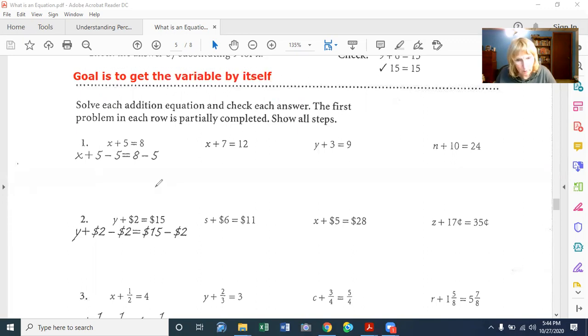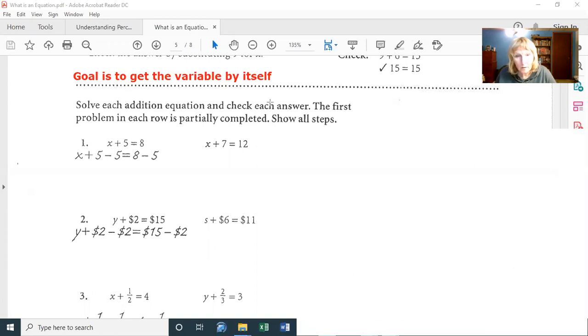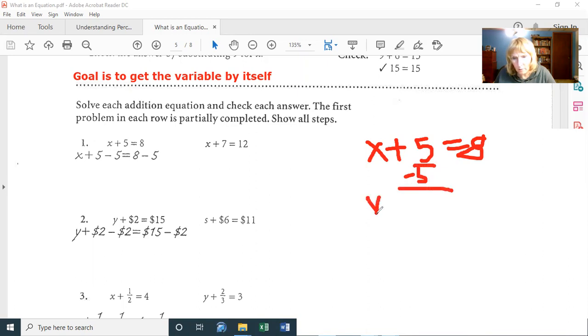So how I would do this one, in fact, let's put a little spot here of empty space for us to write with. So what I would do is I would do x plus 5 equals 8. Now I have to get x by itself. So to do that, I'm going to subtract 5. And if I do that, I'm going to be left with x by itself plus 0.